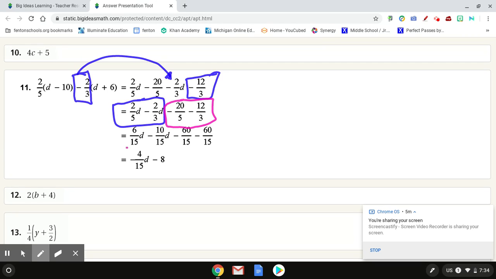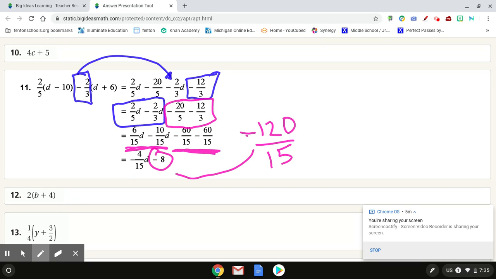Once you have common denominators, you can combine those, combine these, and it would be negative 60 and negative 60 all over 15, right? Because both of them have a common denominator of 15. So that'd be negative 120 over 15, and negative 120 divided by 15 is negative 8. So that's why they get down to negative 8. Okay.